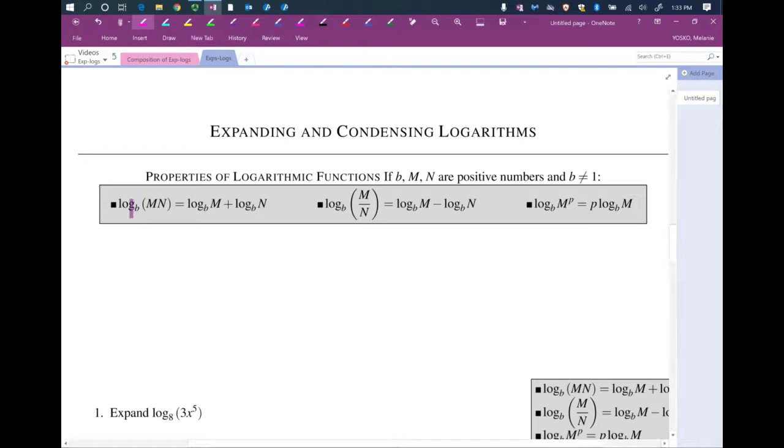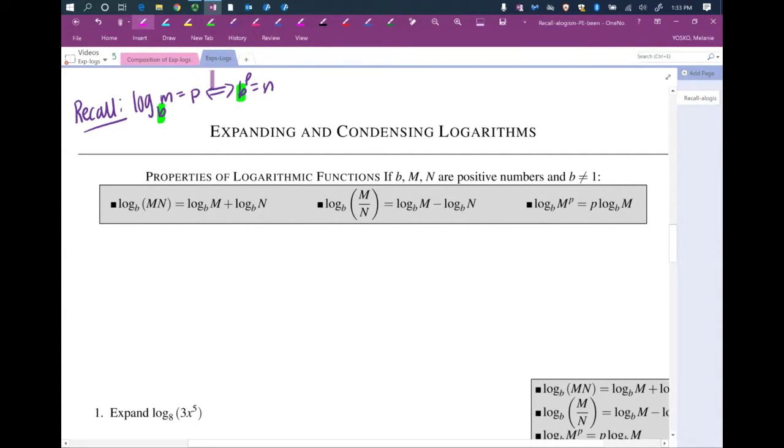Well, this one says log base b of some product, M times N, is equal to log base b of M plus log base b of N. We know that log base b of M is equal to some p, and that can be rewritten as an exponential, right? b to the p equals M. Remember that the base of the exponential and the logarithm are always the same.